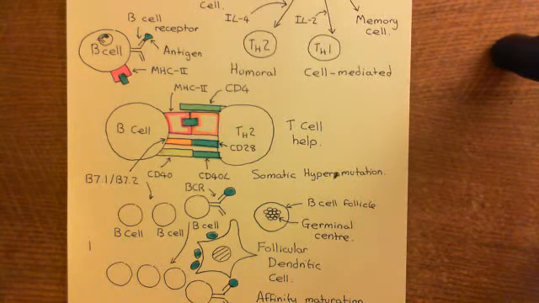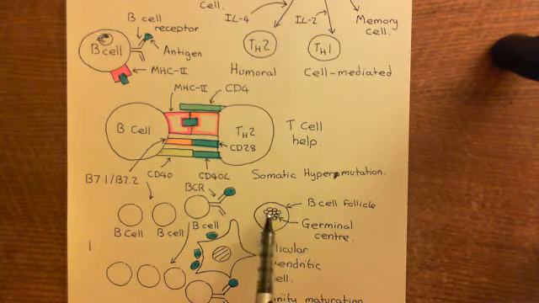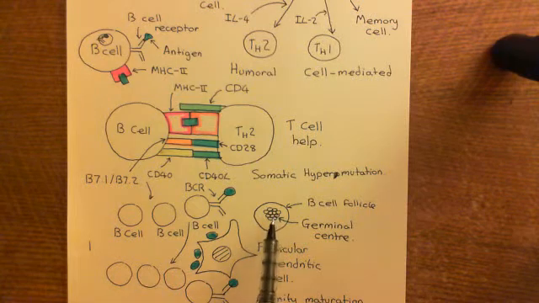In addition, CD28 and CD40 ligand will bind to the co-stimulatory molecules, which are B7.1 and B7.2 in the case of CD28, and CD40 in the case of CD40 ligand. This will lead to the activation of this B cell, and it will start dividing and dividing within the B cell follicle to create this germinal center.